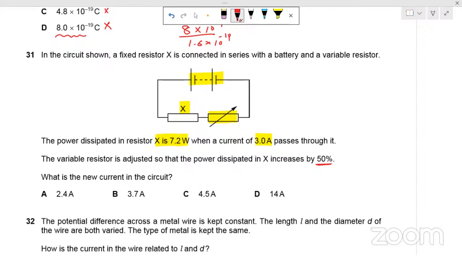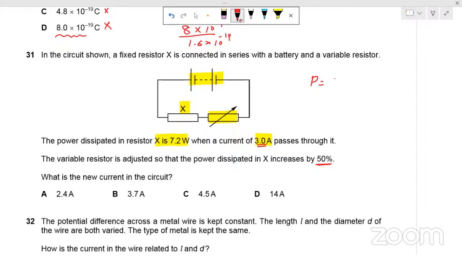So we know which formula we are going to use for it. The power is, we are given current. So which formula will we use?